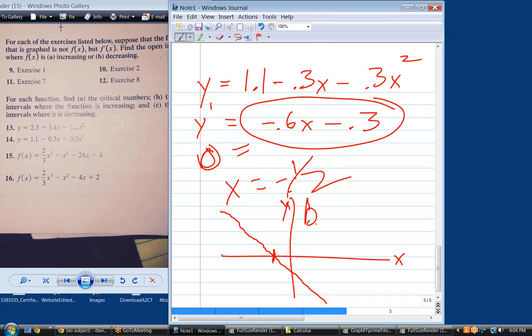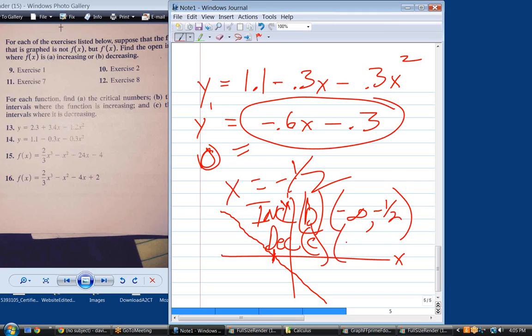And B would be from negative infinity to minus 1/2. In other words, you always label these as the x coordinates. The function is increasing, and the function is decreasing for C, minus 1/2 to positive infinity.